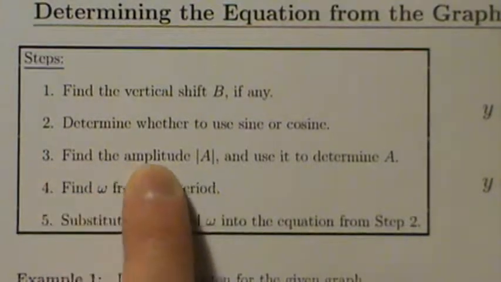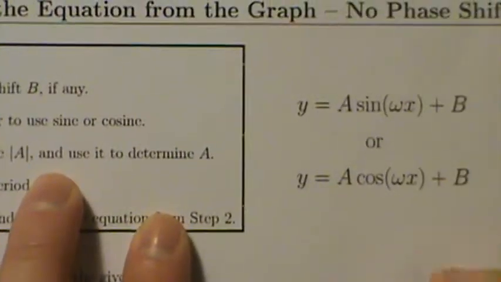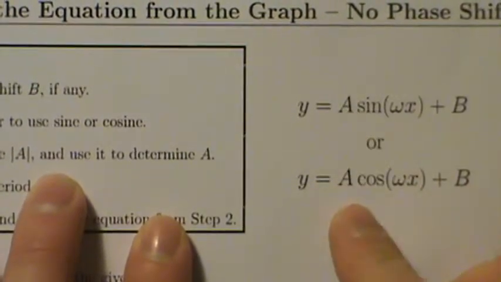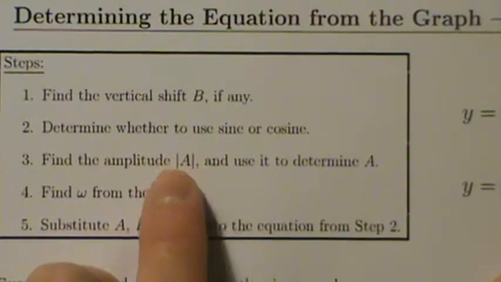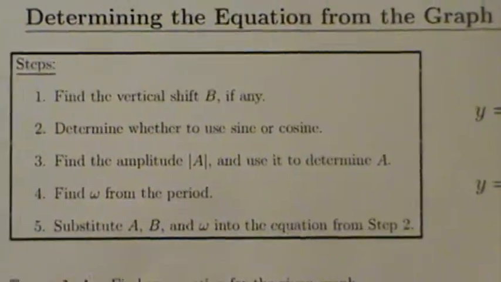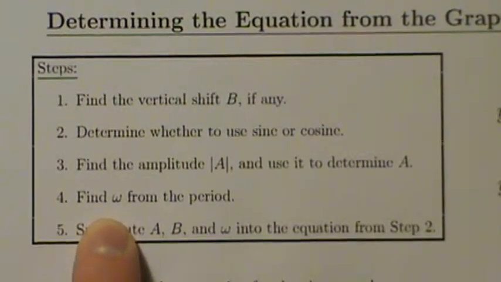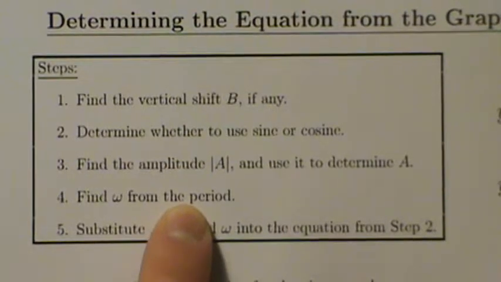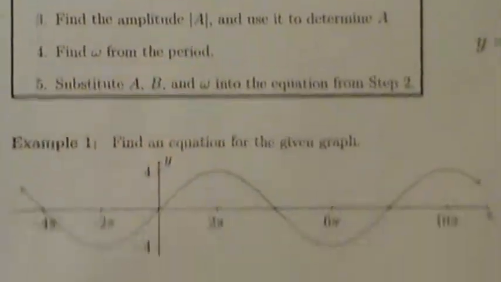Step 3, find the amplitude, the absolute value of a, and use it to determine a. So remember, a could be positive or negative, but the amplitude always has to be positive. That's why amplitude is the absolute value of a. We talked about amplitude in an earlier video. Step 4, find omega from the period. We talked about period in an earlier video also, and we can get omega from the period, and we can get the period just by looking at the graph.